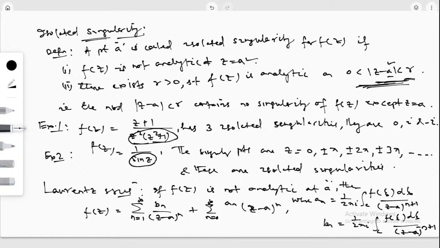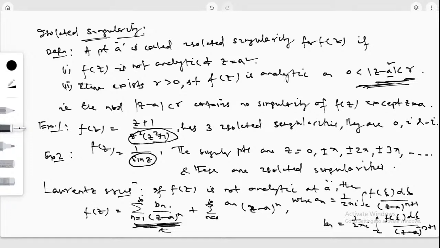In this first term, the power of z minus a is negative, because it is written as bn divided by (z minus a) to the power n. If you take (z minus a) to the power n to the numerator, it becomes bn times (z minus a) to the power minus n.